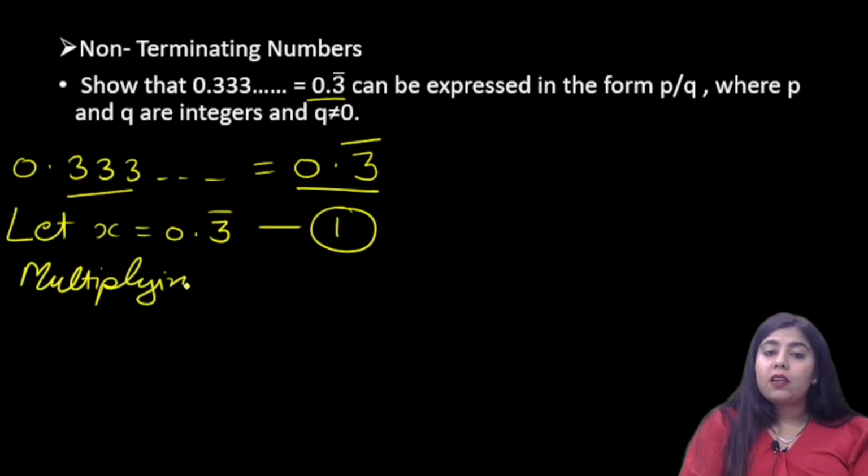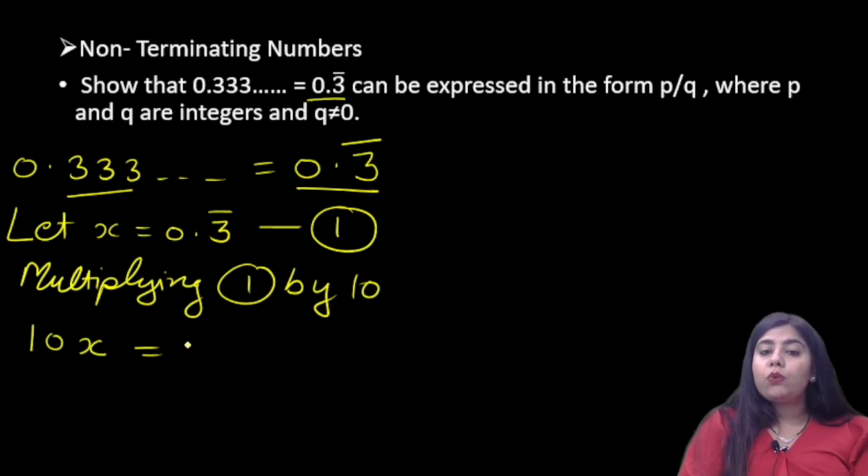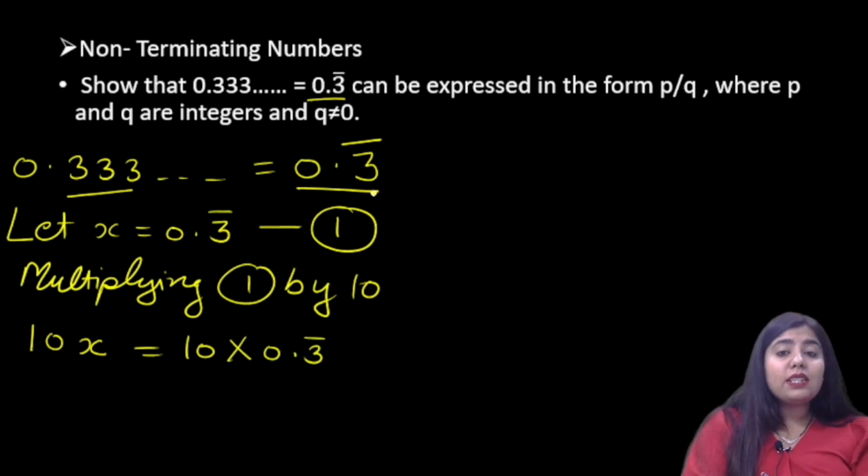Multiplying 1 by 10, you will get 10x equals 10 multiplied by 0.3 bar, right? Now see, 0.3 bar was 0.333 and so on.